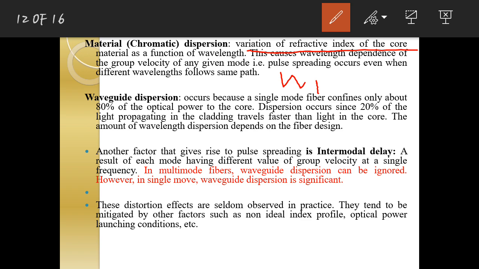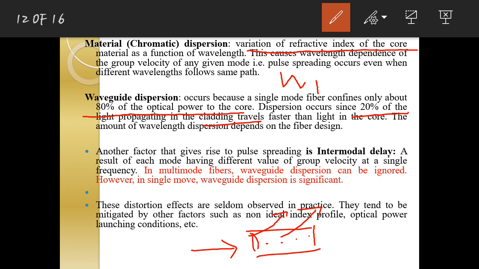The second one is waveguide dispersion. When light is propagated inside the fiber, we assume the light travels along the axis of the fiber, but this doesn't usually happen. 80% of the power is transmitted in the core. The remaining 20% is transmitted in the cladding, and it disperses into the clad material, which produces some losses.